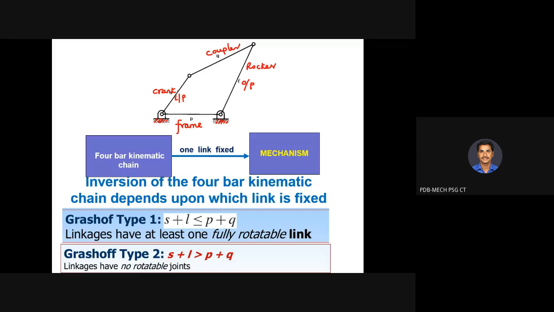If this condition is not satisfied, that is S plus L is greater than P plus Q, we have no continuously rotatable links. In that case, connecting the prime mover with one of the links is very difficult, so we need some alternate arrangements, since the linkages have no rotatable joints.